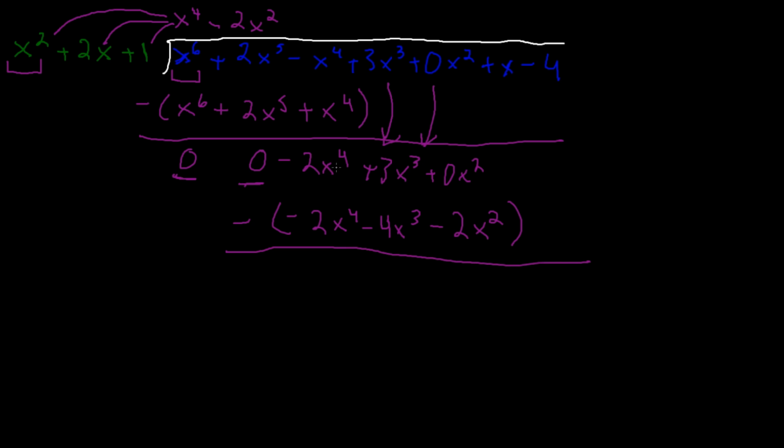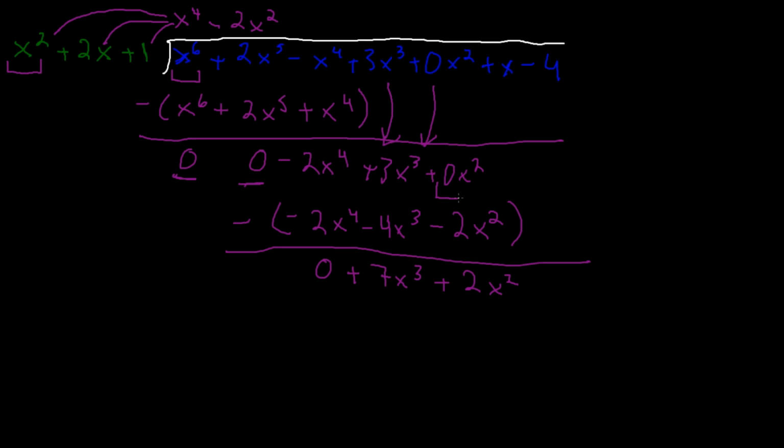And then negative 2x to the 4th minus negative 2x to the 4th, so plus 2x to the 4th, is equal to 0. 3x to the 3rd minus negative 4x to the 3rd, so plus 4x to the 3rd, is equal to positive 7x to the 3rd. And then 0x squared minus negative 2x squared, so plus 2x squared, is positive 2x squared.